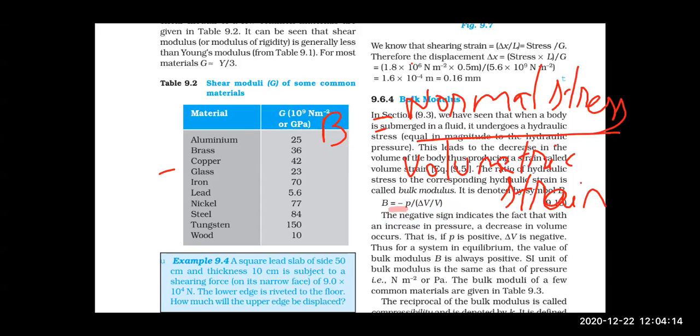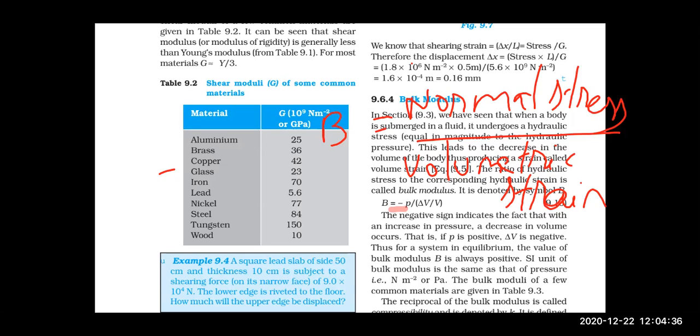What does the negative sign mean? Negative sign means the volume is decreasing, if the pressure is increasing. And if the sign is positive, then the volume is increasing, right? This is the second type of modulus of elasticity.